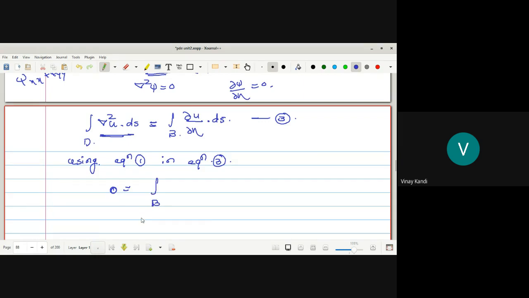If u is the solution of the Neumann problem, ∂u/∂η coincides with f of s from equation number 1, into ds. So this implies integration on the boundary B of the function f into ds vanishes. That is equal to 0. Okay, any doubt?